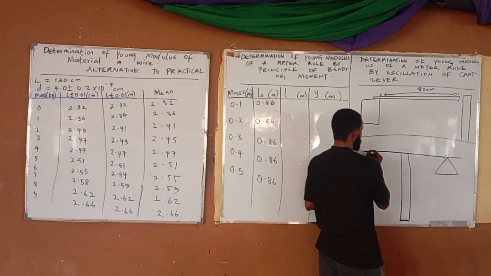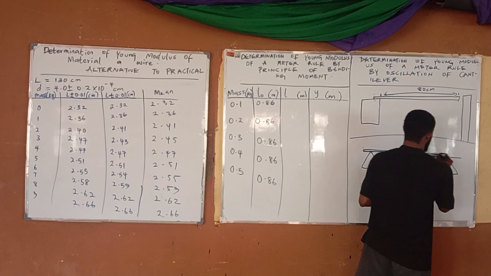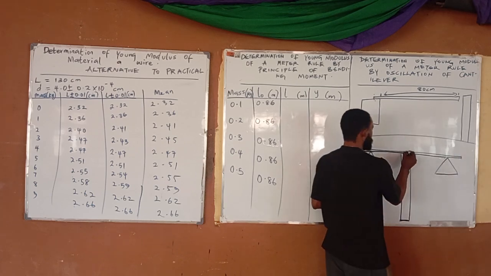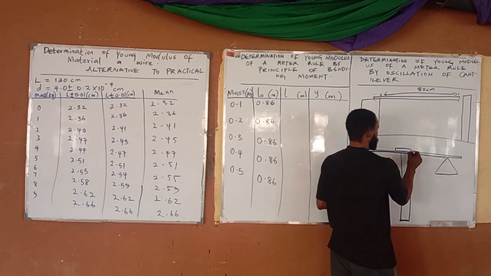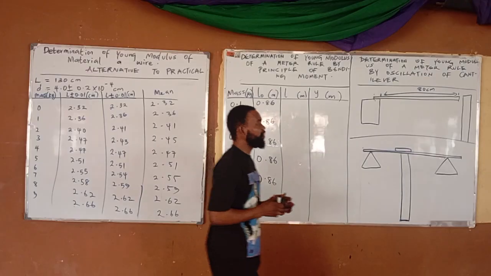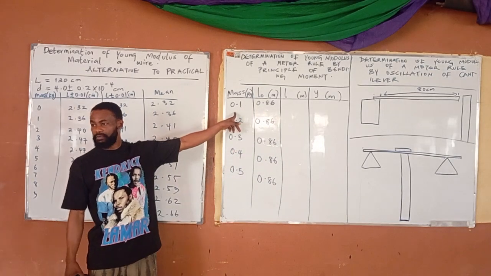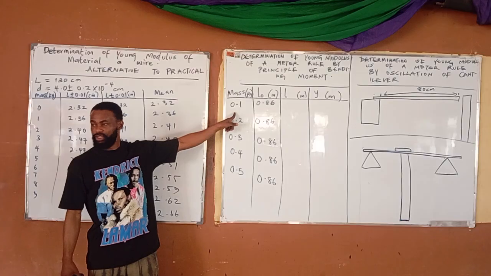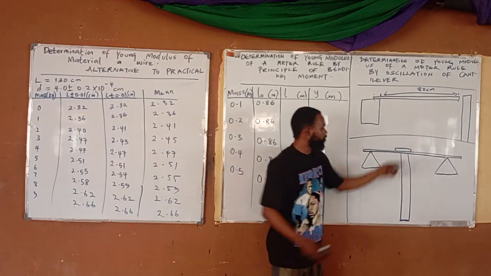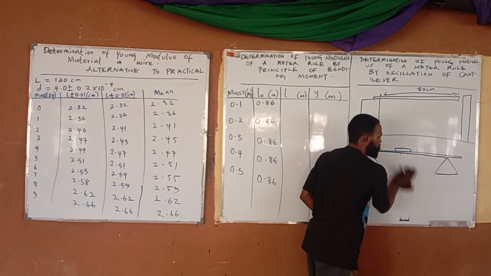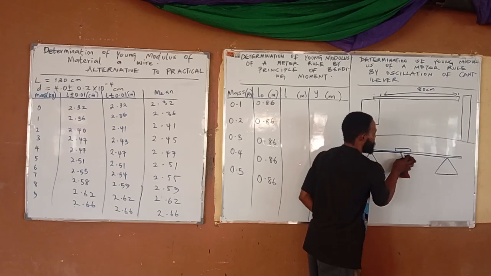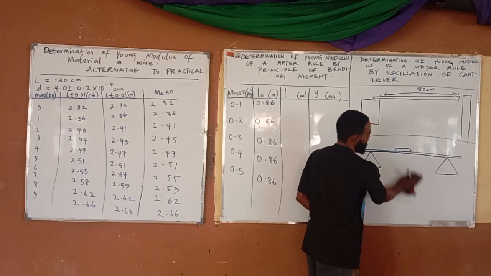I will place a mass on top of it. Let's say the mass I'm placing there is 100 gram, which is 0.1 kg. Remember that I'm removing this thing. This is a meter rule, so you don't go and think it's something else we are doing.